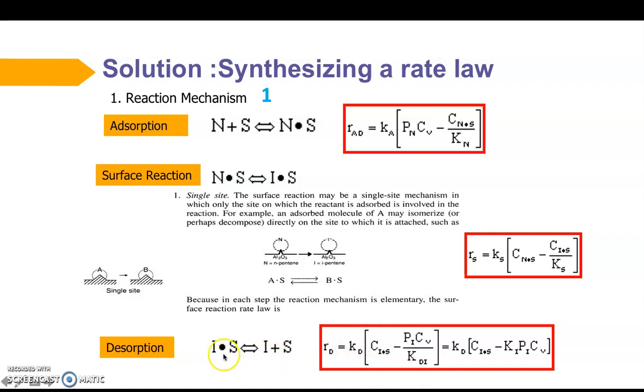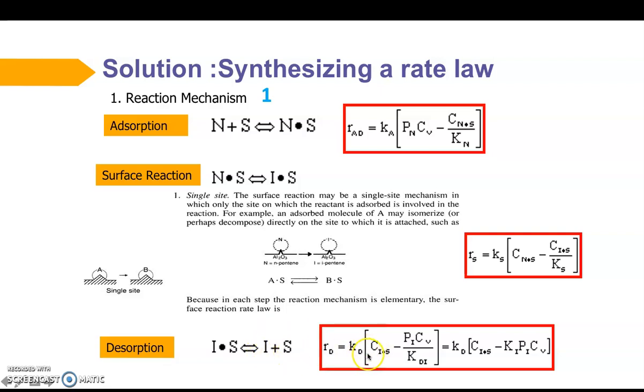For instance, in this case you have already produced I dot S, so it's a continuation. Here we start with N dot S, which reacts to produce I dot S. After you produce I dot S, then it will be desorption, so you desorb the product I from the catalyst surface.